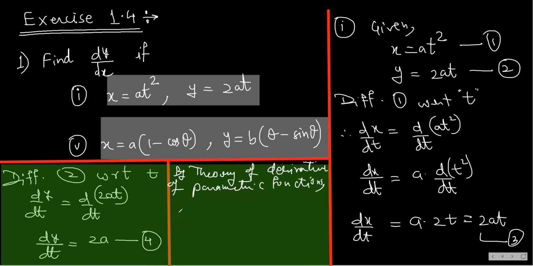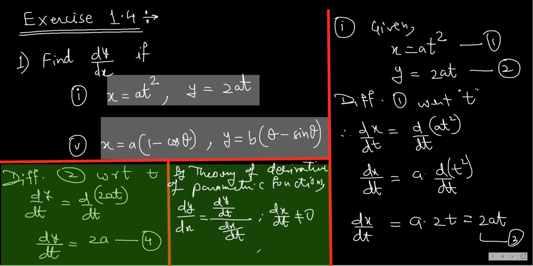You know that dy by dx is dy by dt upon dx by dt, where dx by dt is not zero.